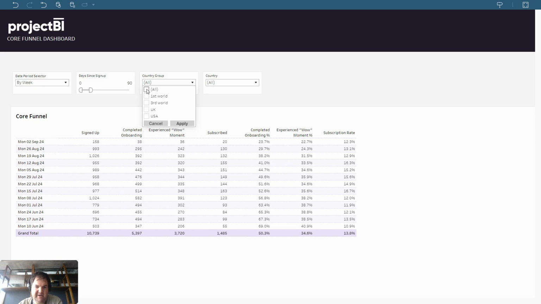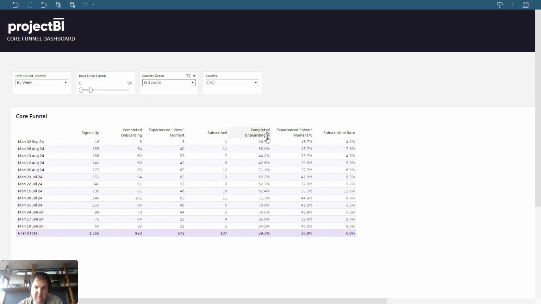So if I go ahead and focus my attention on third world and just notice these conversion rates, right? So we see 10.9 to 12%, roughly 12 to 16% for subscription rate. If we look at just the third world, notice how the numbers drop. Right, we now have only 16% of users completing onboarding.